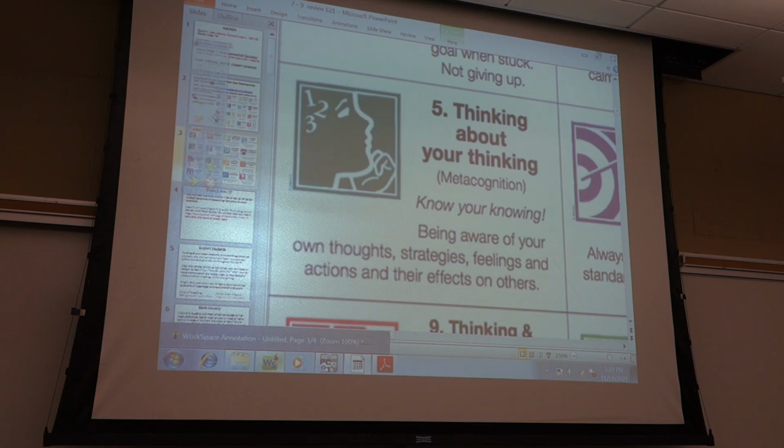Metacognition. Know your knowing. Being aware of your own thoughts, strategies, feelings, and actions, and their effects on others. Right, so thinking about thinking. That's a lot of why I have you do your exam reflections, the exam wrappers. You think about how you learned, how you prepared last time, how you might want to change in the future. Think about your learning as well.